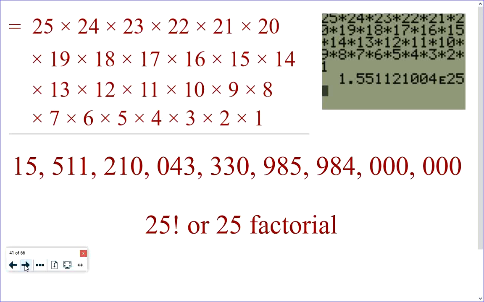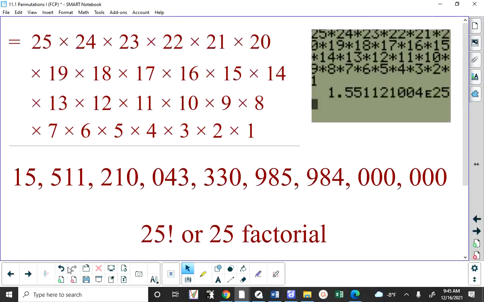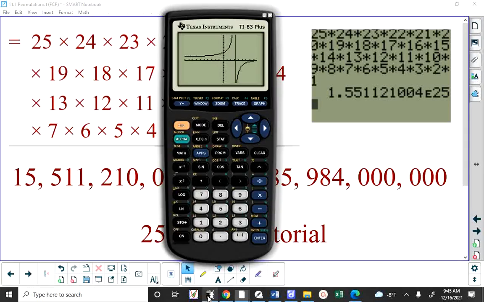And on your calculator, you do have a factorial function. Old scientific calculators, you'd just see a button on the screen that has an exclamation point. This is buried a little bit. So you enter the number of the factorial that you want to calculate. You go into your math menu, which is below the alpha key. You go over to your number submenu, and it's way at the bottom.